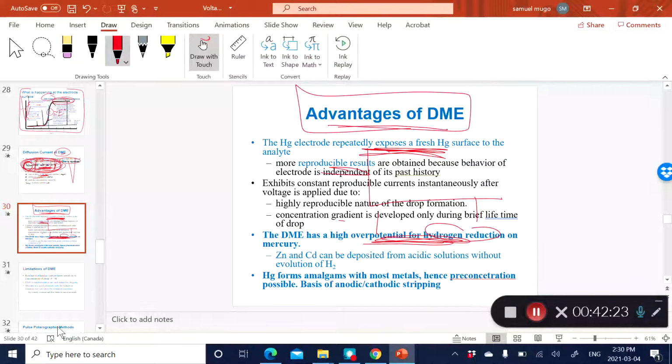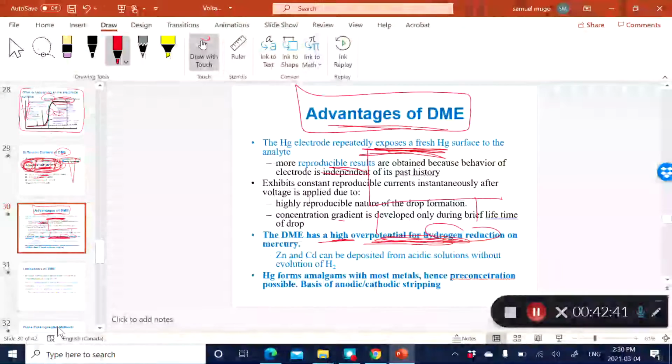So mercury doesn't cause electrolysis of water. And of course, electrolysis of water really affects your thermogram. But because of that, it's a very good electrode in the negative range.